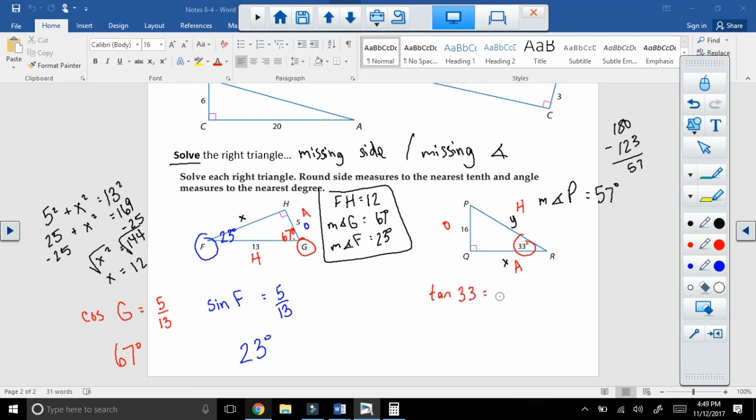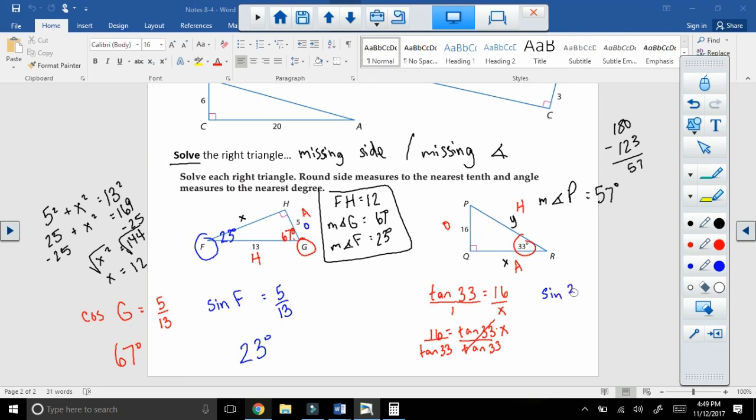Tangent of 33 equals 16 over X. And when I cross multiply, I end up with 16 equal to the tangent of 33 times X. And I could divide each of those by the tangent of 33. And I'm just going to leave that there for a minute while I work out the other one, and I'll type them on my calculator at the same time. So for the next one, this is the opposite and hypotenuse.